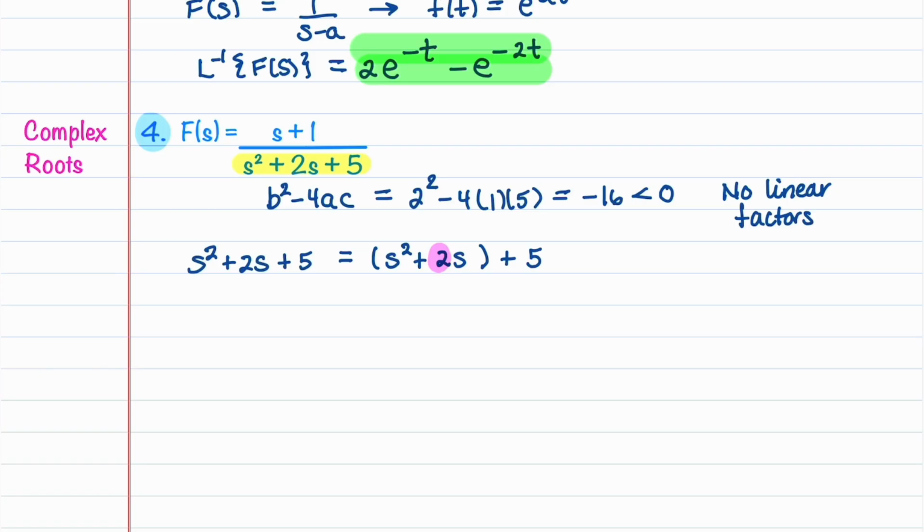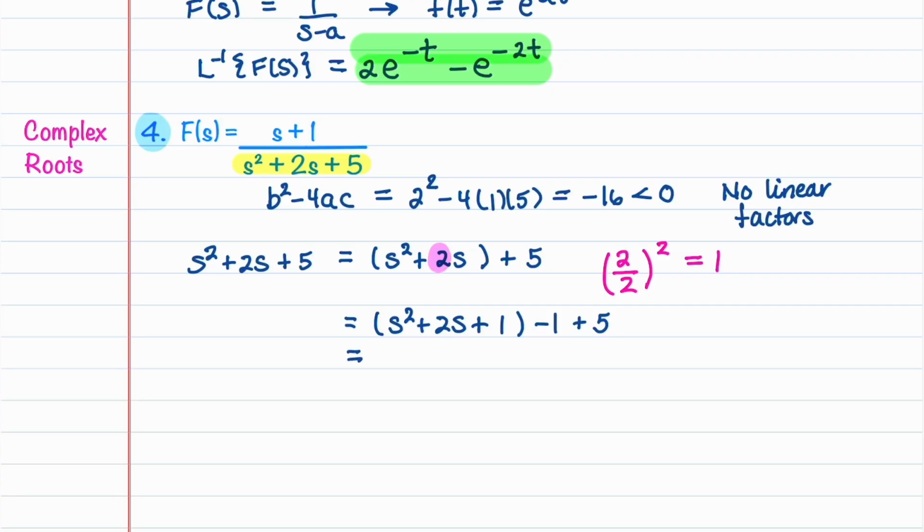We have to take that constant and divide it by 2 and then square it. That is equal to 1. So this becomes s squared plus 2s plus 1. That 1 is what we need to make a perfect square, and then we close the parentheses, but we can't change the problem, so we have to subtract 1, and then our 5 comes along for the ride.